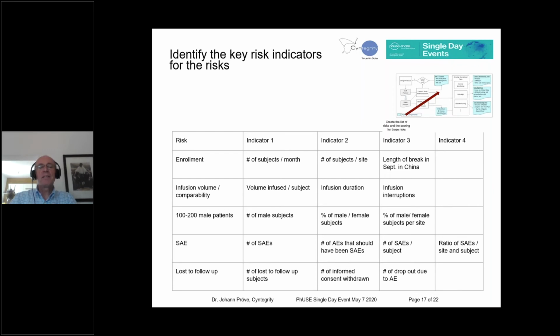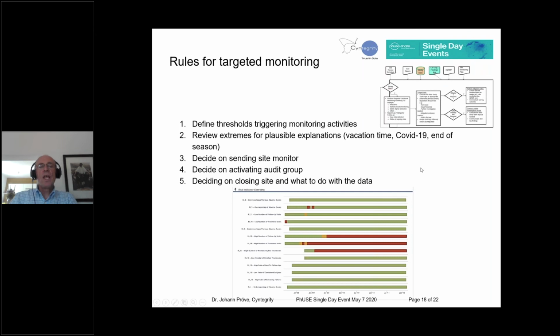So that is something that someone may want to keep in mind and look at and measure via the key risk indicators.